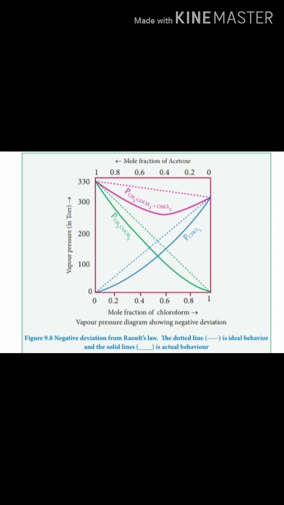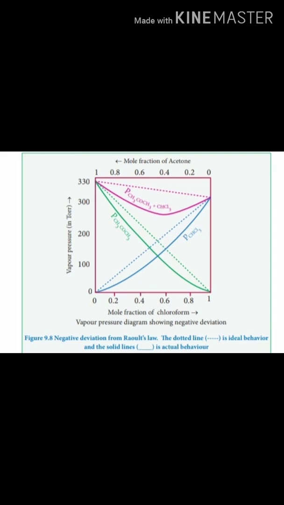Both phenol and aniline form hydrogen bonding interactions amongst themselves. However, when mixed with aniline, the phenol molecules form hydrogen bonding interactions with aniline, which are stronger than the hydrogen bonds formed amongst themselves. The formation of new hydrogen bonds considerably reduces the escaping tendency of phenol and aniline from the solution.